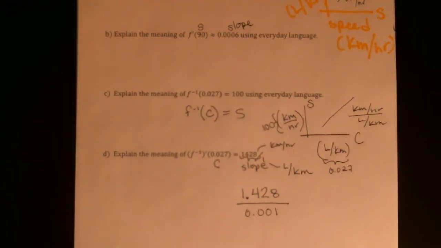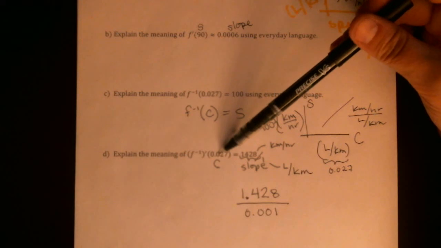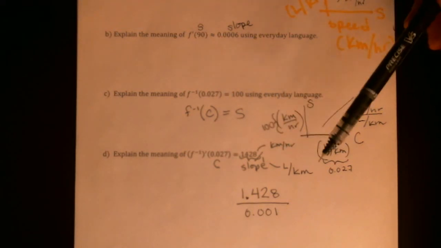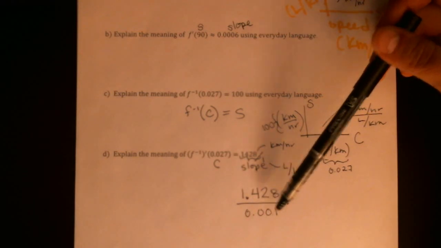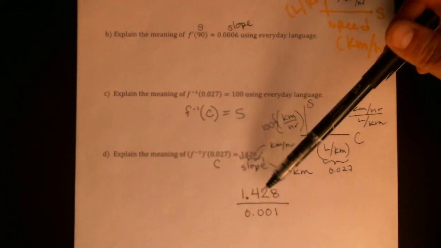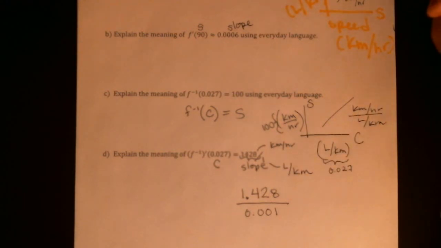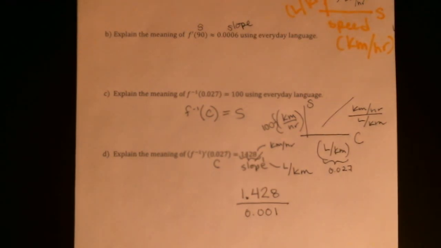And now we could say it as, if your fuel consumption is 0.027 liters per kilometer, to increase that by 0.001 liters per kilometer, you'd have to increase your speed by 1.428 kilometers per hour. So if you like that one a little better, you can do it. All right, so some tricky ones with the inverses, but I really think this helps if you keep track of what's on what axis. It makes it a lot easier to make sense.